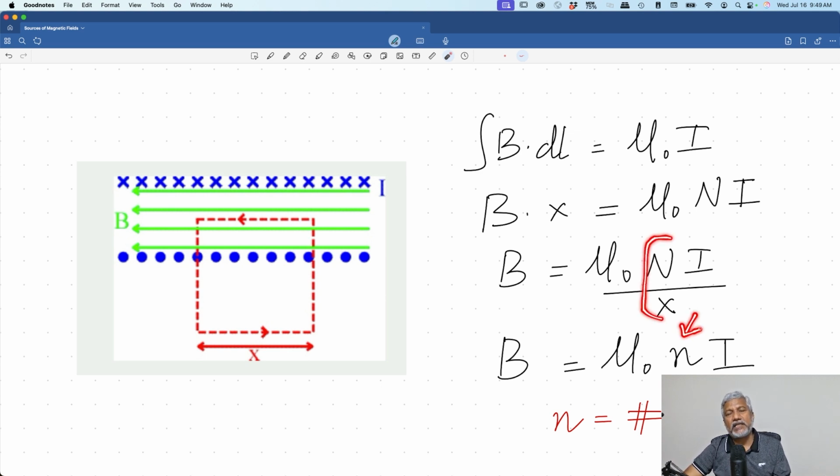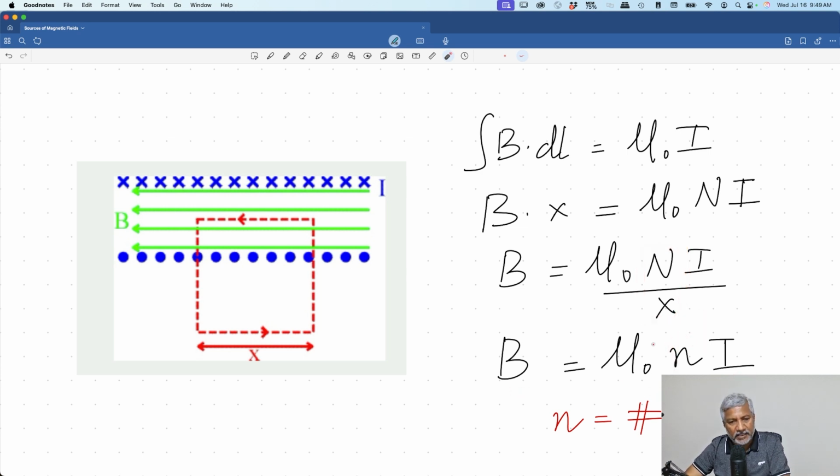Do remember that little n stands for not the total number of turns, but the number of turns in 1 meter. So in a problem, you will be given a certain number of turns and the length of the solenoid. You have to either use this formula or divide the number of turns by the length in meters and get this and work it out.